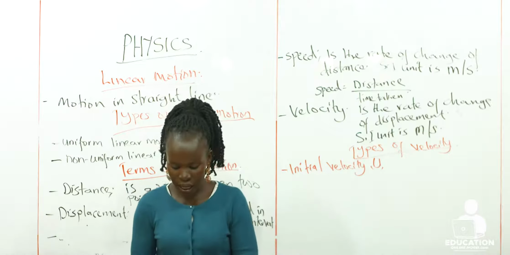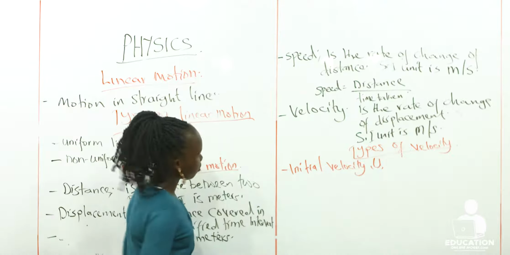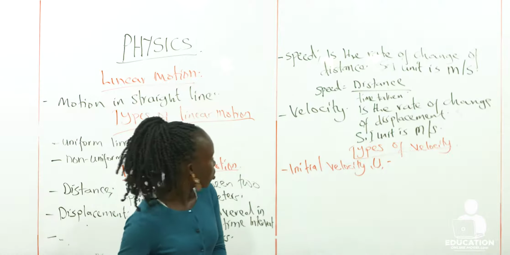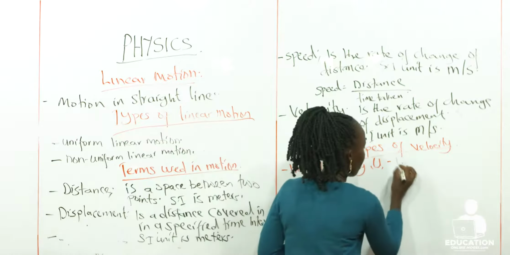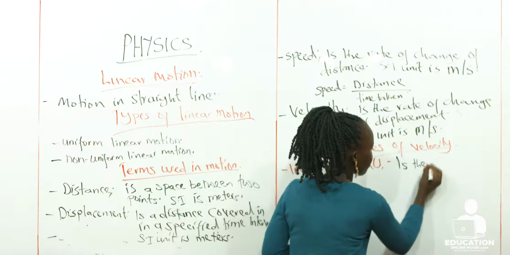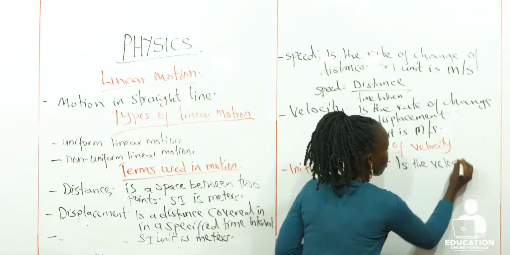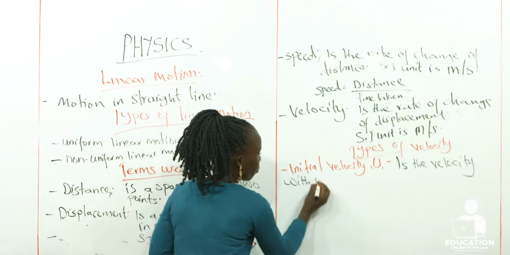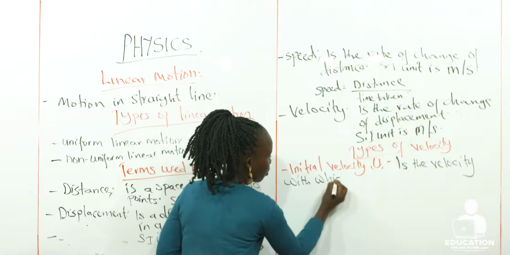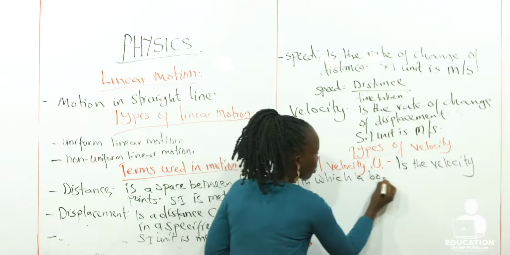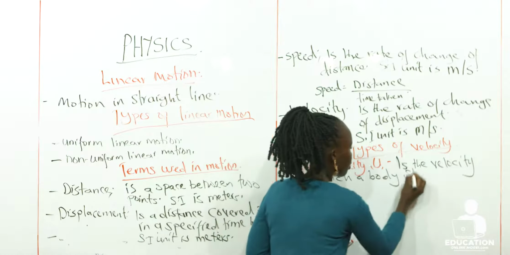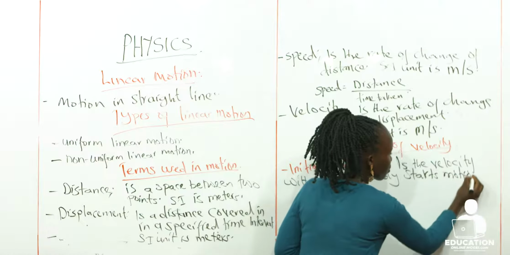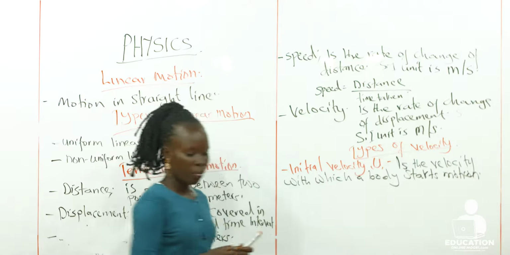So we can write it there: u is the velocity with which a body starts motion or starts to move.